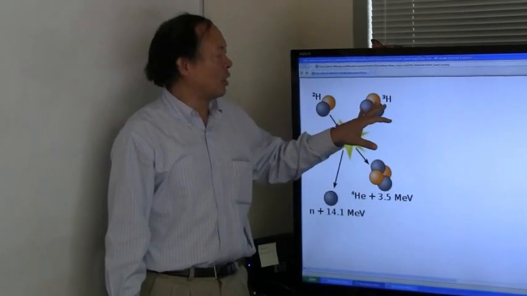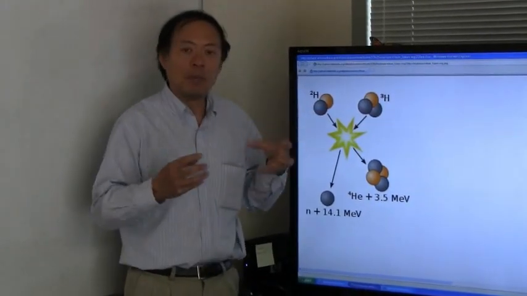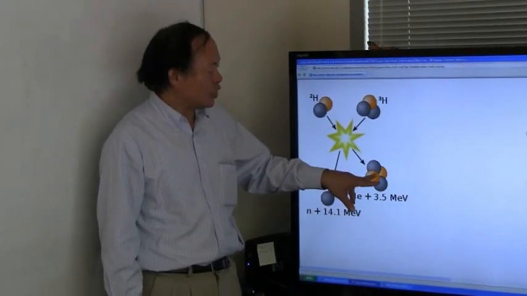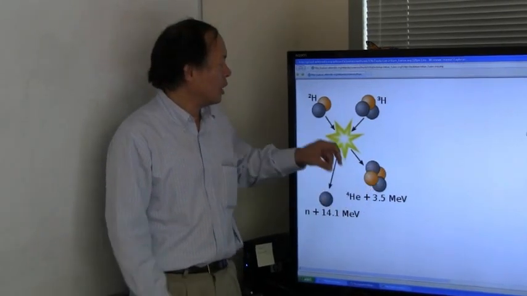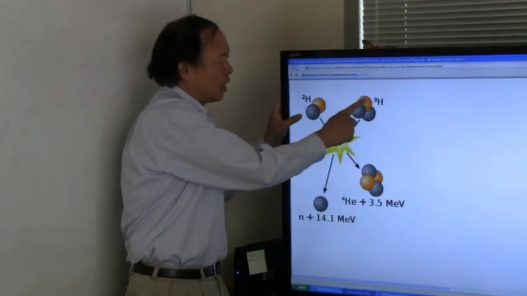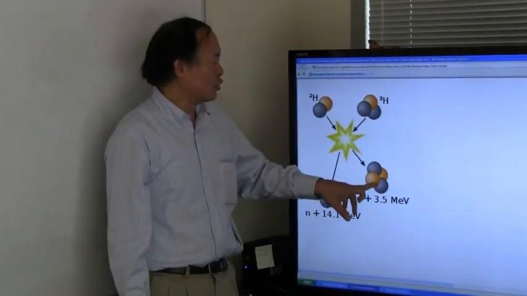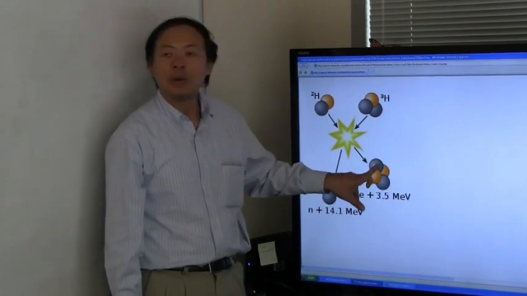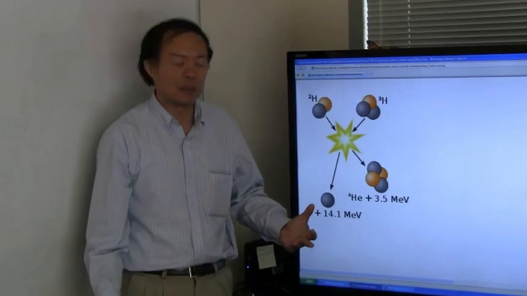Now, deuterium and tritium can be made to combine together to form a helium atom which has 2 protons and 2 neutrons. In this process, where you originally have 2 protons altogether and 3 neutrons, a helium-4 only has 2 neutrons, and therefore one of the neutrons is emitted.